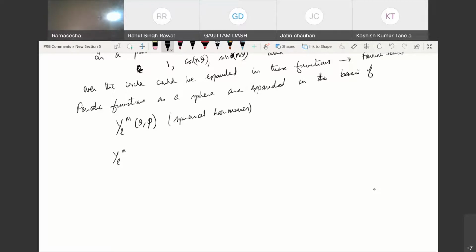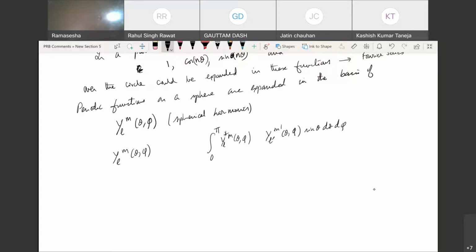Y star l m prime theta phi, integrated from 0 to 2 pi over phi, will always be delta m m prime.